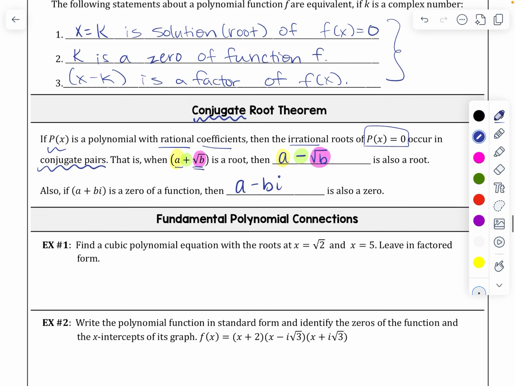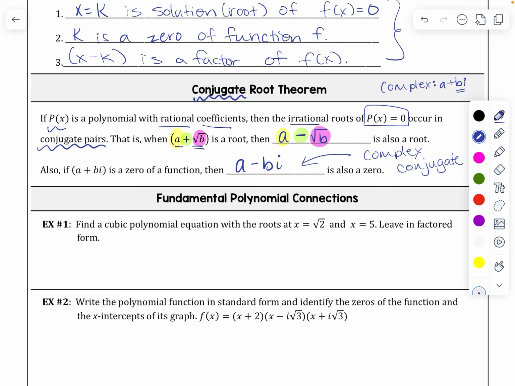We call that also the complex conjugate. Keep in mind that a complex number always has two parts, where a is the real part and the imaginary part usually has a coefficient in front as well.